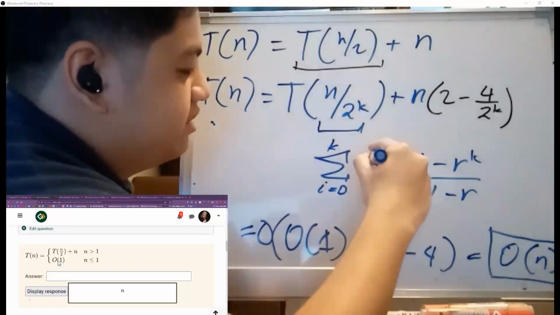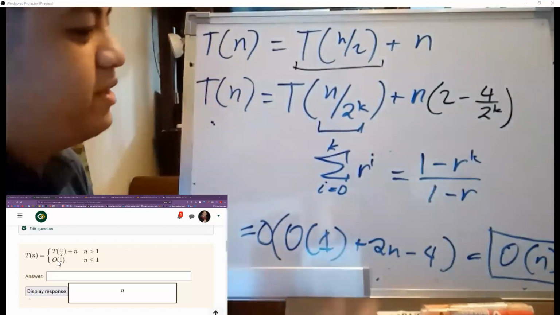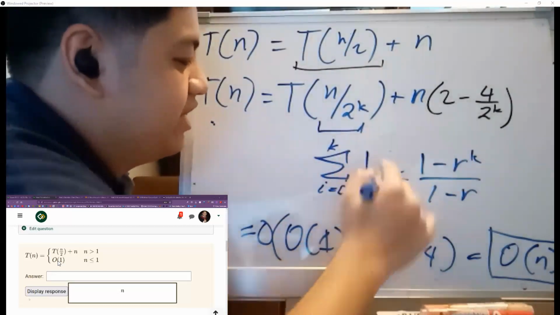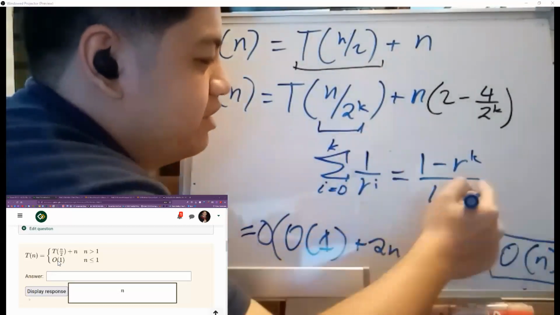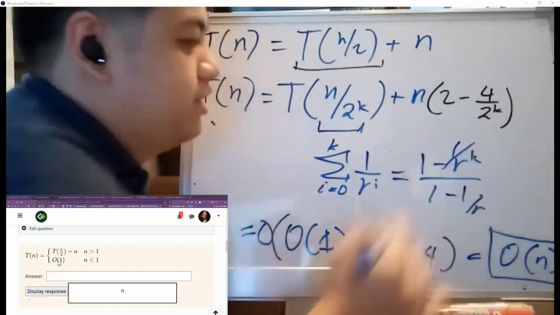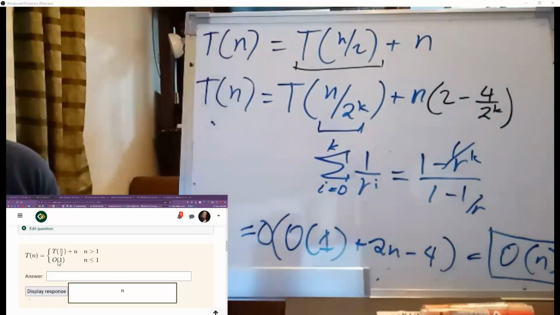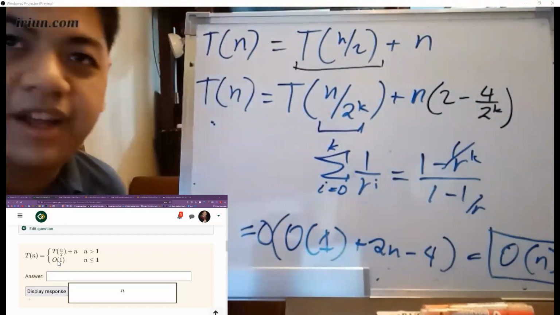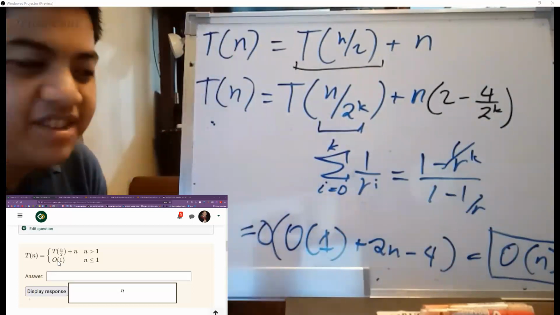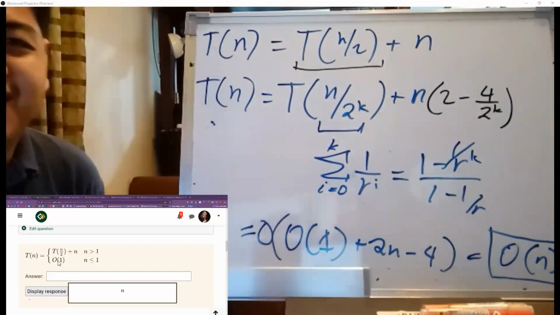Ri lang pala to. So pag naging 1 over r^i, this is magiging 1 over r, 1 over r^k. So basically, equation lang siya ng summation. Hindi siya essentially related sa topic natin.